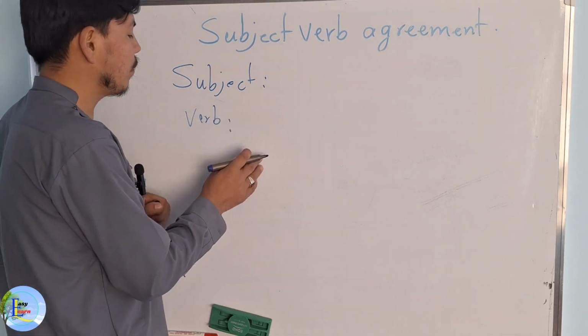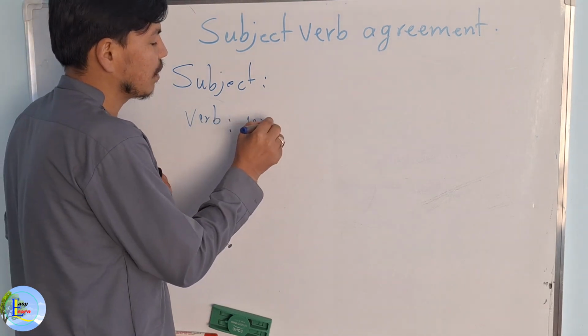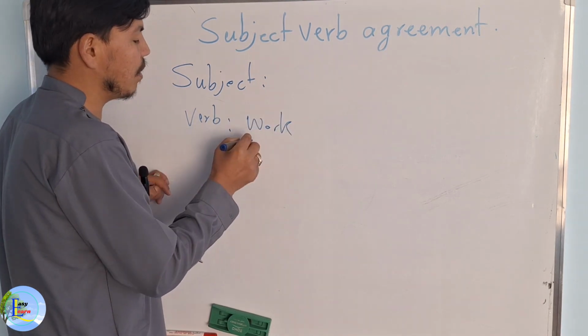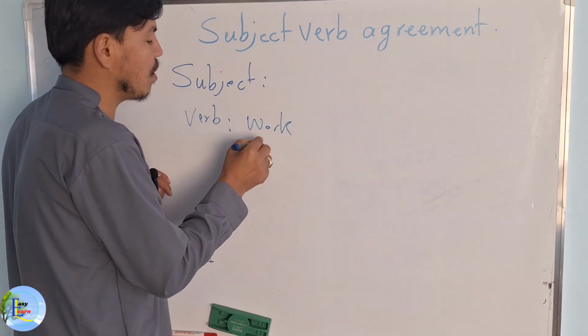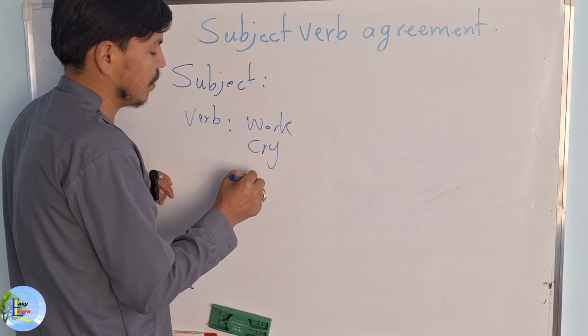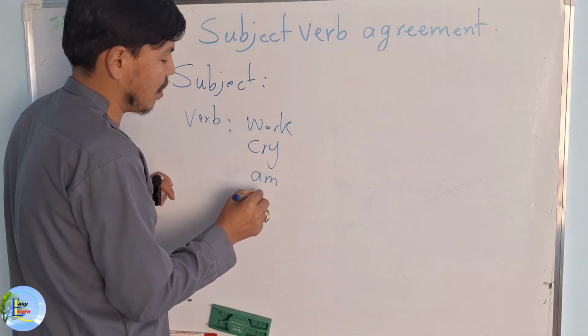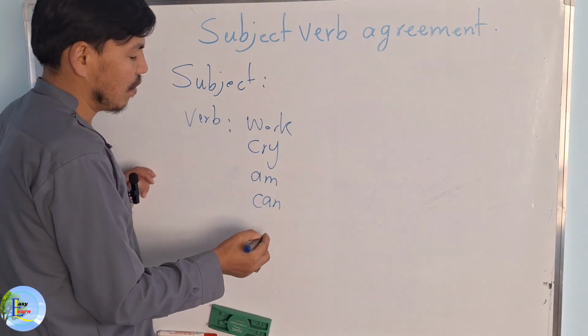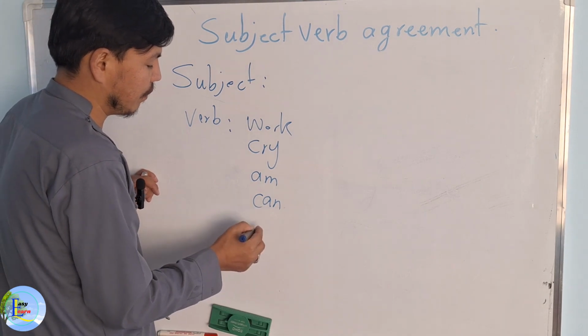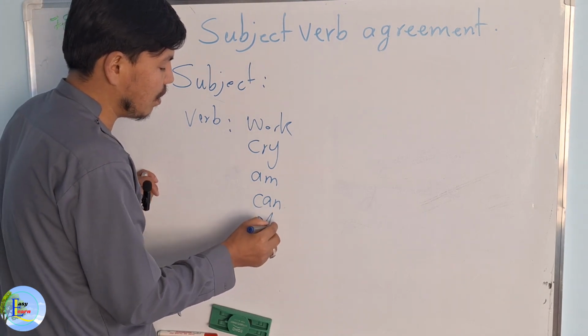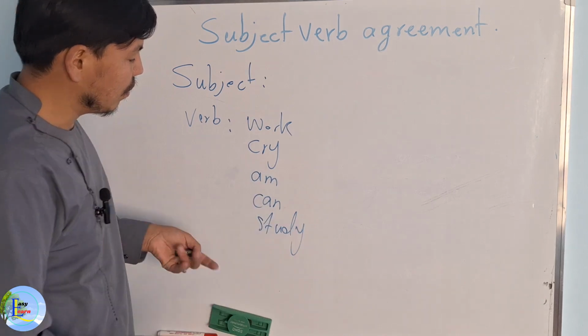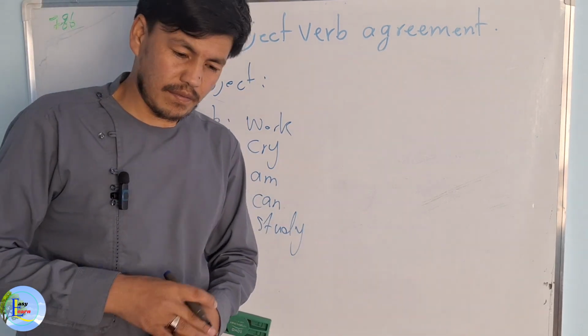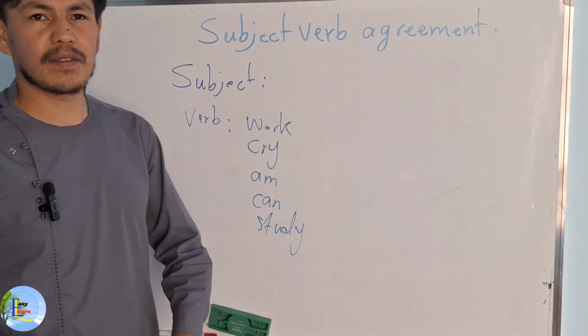For example, work itself is a verb, like cry, like am, like can, like study.